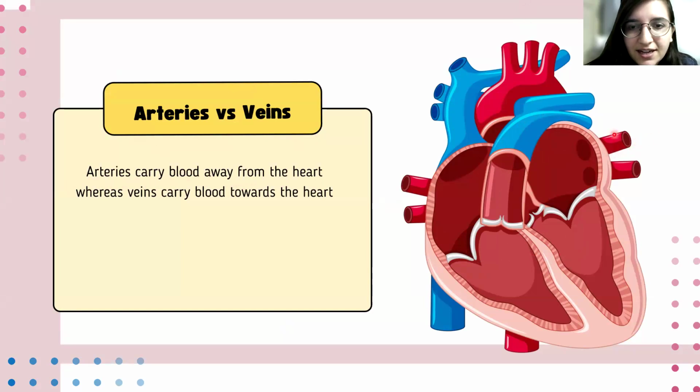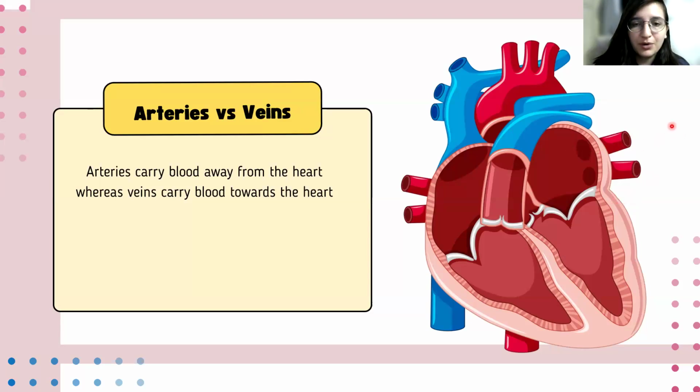The blood vessel that's pumping the blood out from the right ventricle, away from the heart, is called an artery. The veins are the ones like the pulmonary vein.